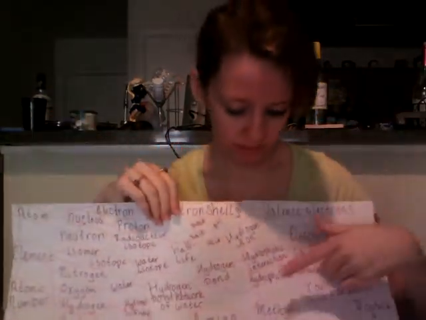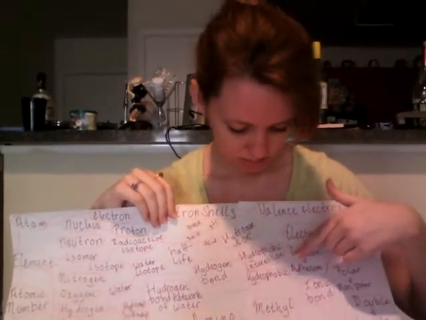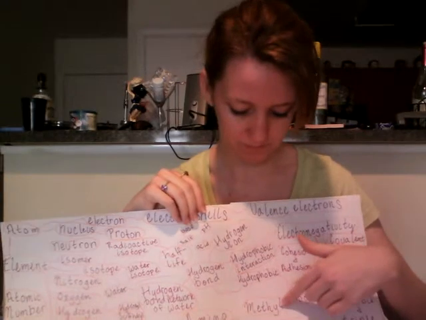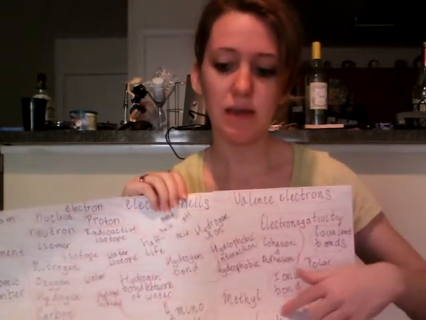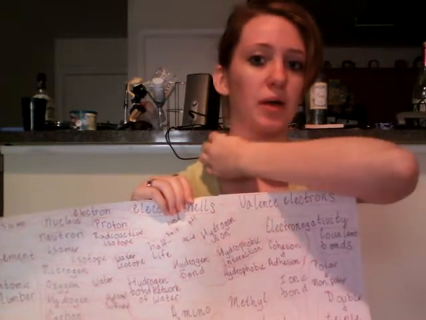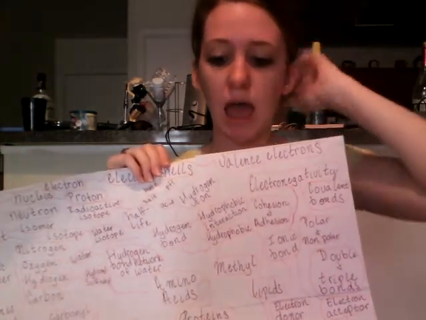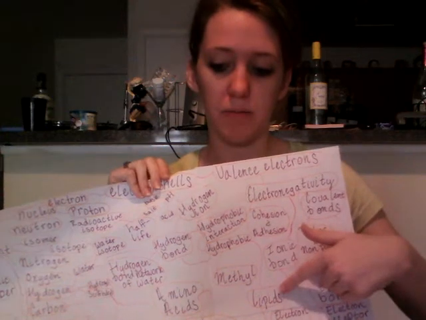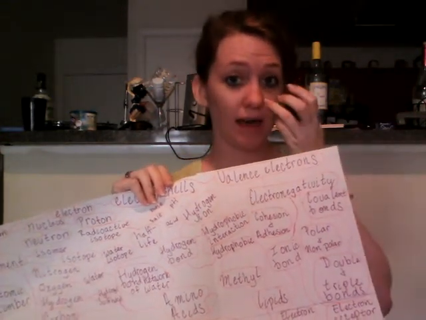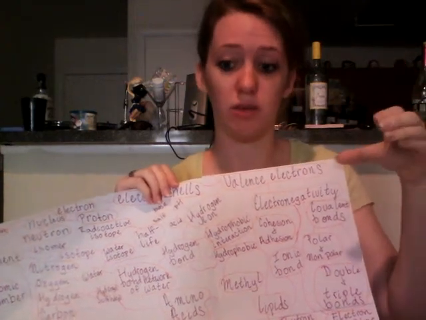Examples of hydrophobic molecules are lipids and methyl. Lipids are certain amino acids. Lipids make up phospholipids, which make up the cell membrane in our cells by creating a phospholipid bilayer.